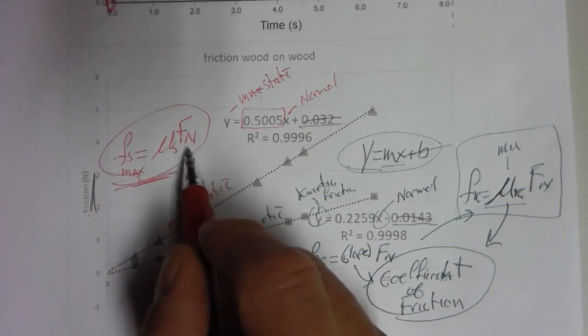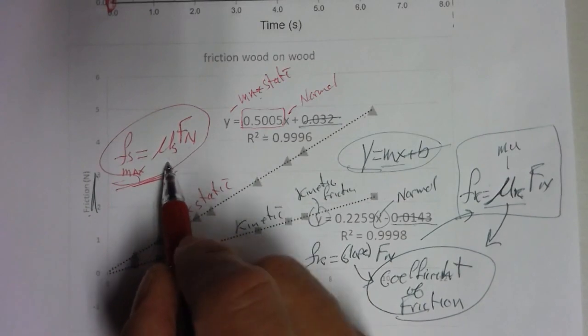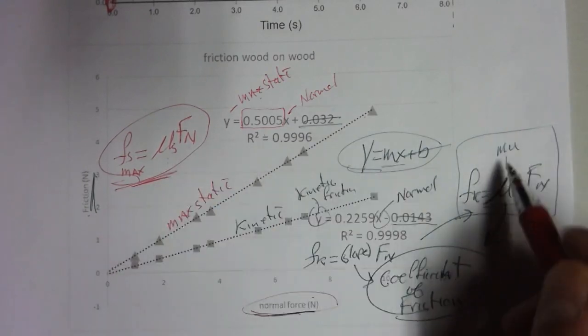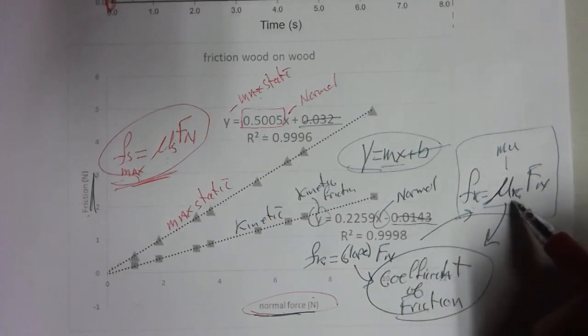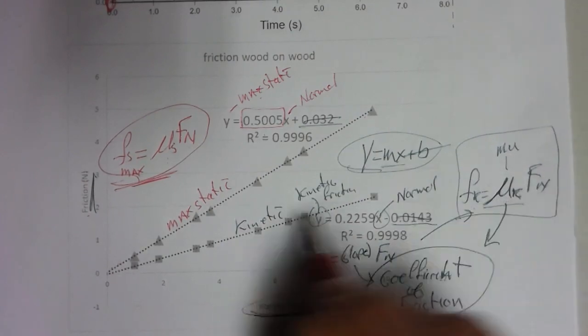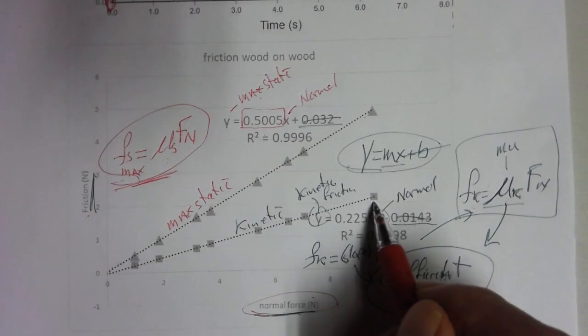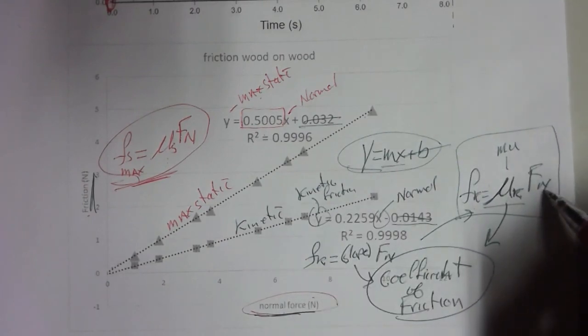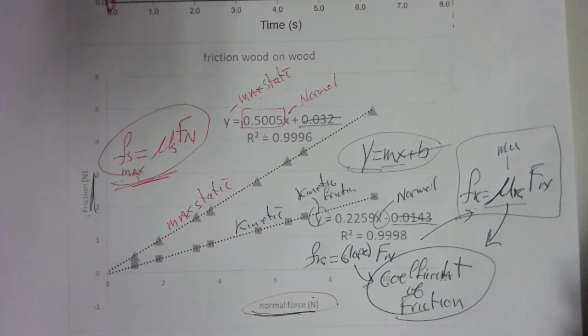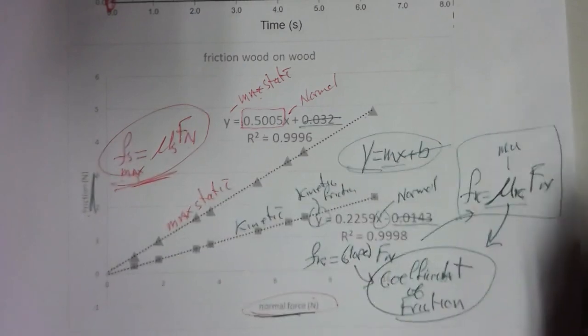It's directly related to the normal force, and directly related to this coefficient, which is dependent on materials. Likewise, kinetic friction is equal to the coefficient of kinetic friction, that's the slope of this line that we would have got, times the normal force applied. And that's how we can now solve friction problems using those equations.